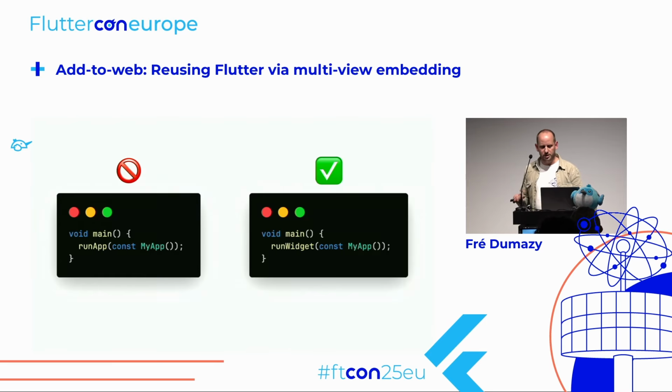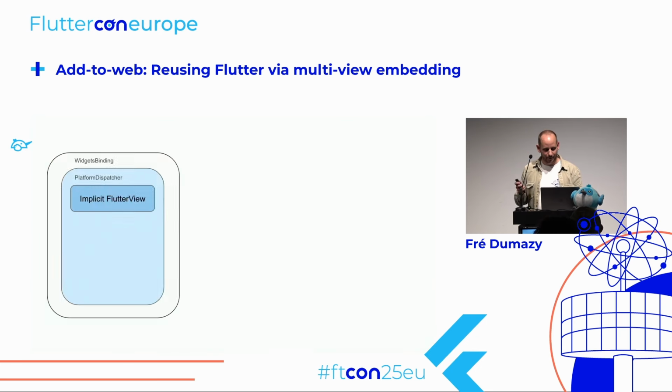Now, generally speaking, if you have a multi-view enabled web application, you cannot use run app, but you have to use run widget. Now, this is where it gets a little bit technical, so bear with me. This is step number 3.